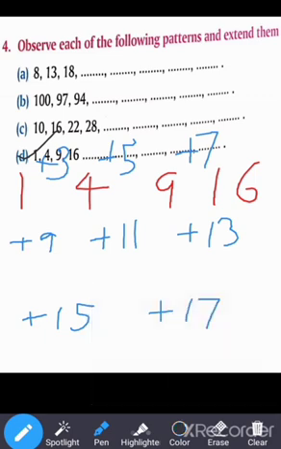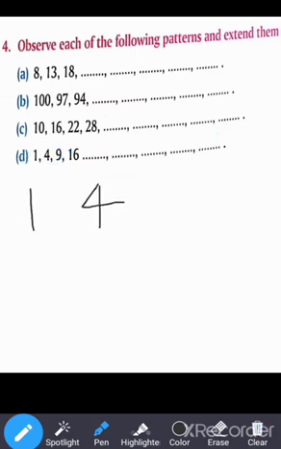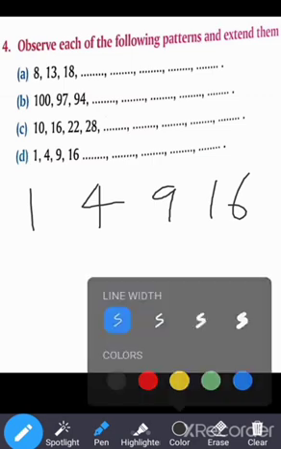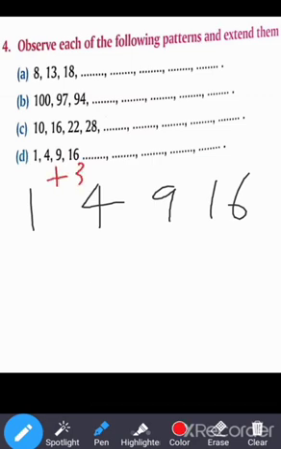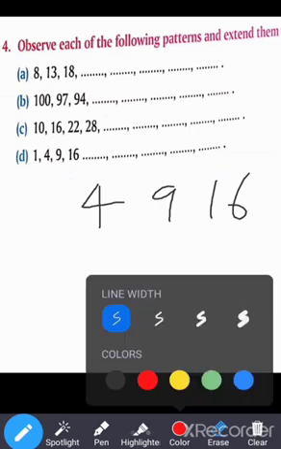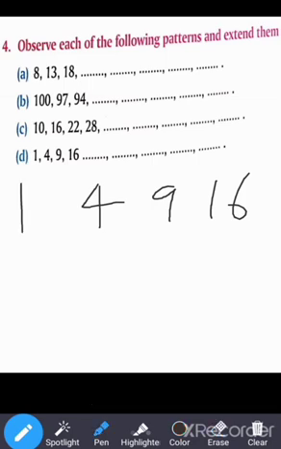So let's find out the answer. 16 plus 9, how much? 25, plus 11, 36. Just a minute. Again, I'll write the question. 1, 4, 9 and 16. These are the numbers. And which odd numbers are we adding? Here I'm adding 3 to get 4.